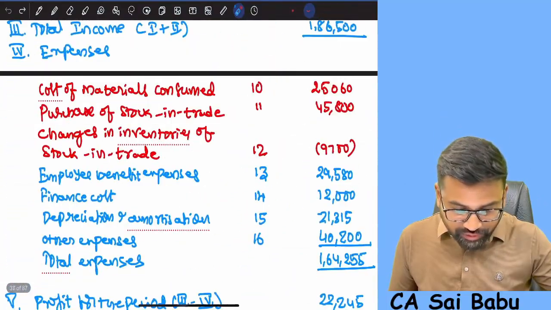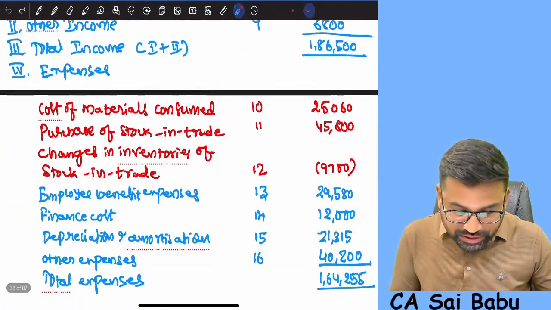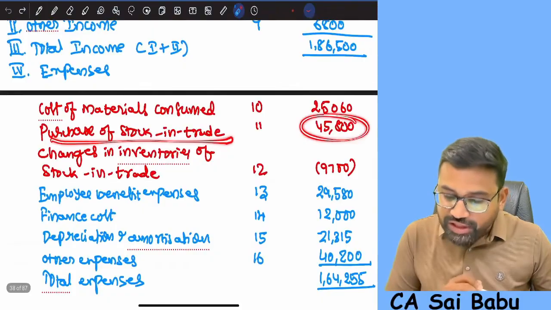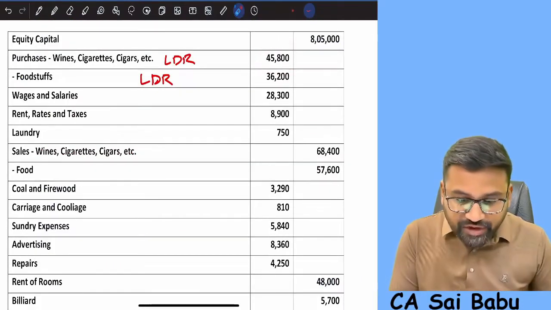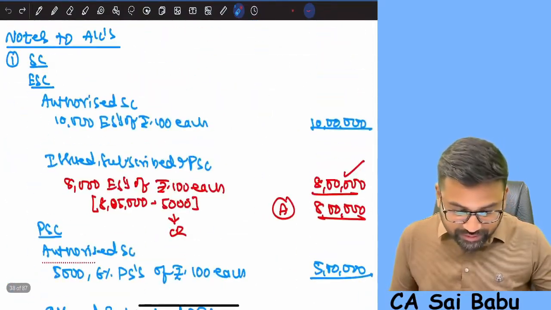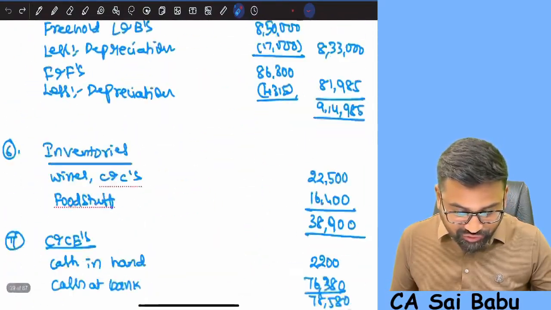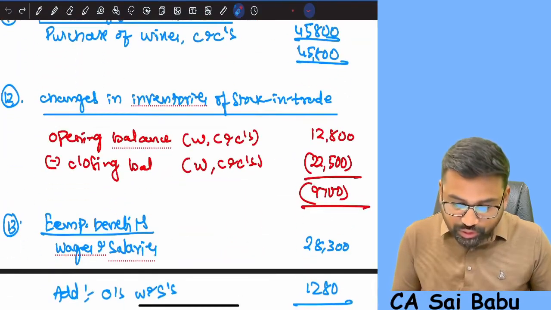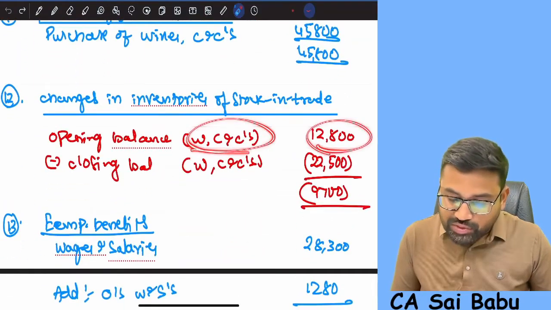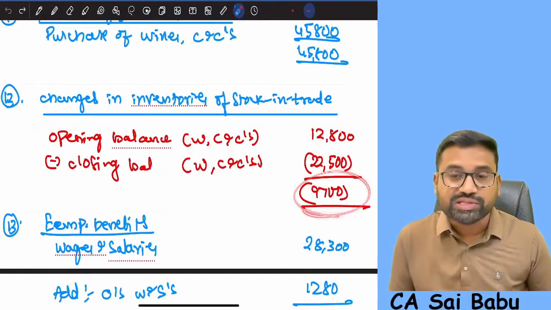When you are preparing this purchase of stock in trade, see 45,800. What is this 45,800? This one. And the difference between the opening and closing is shown as change in inventories of stock in trade. So the presentation: opening balance of wine, cigarettes, cigars, closing balance of wines, cigarettes, cigars, 9,700.